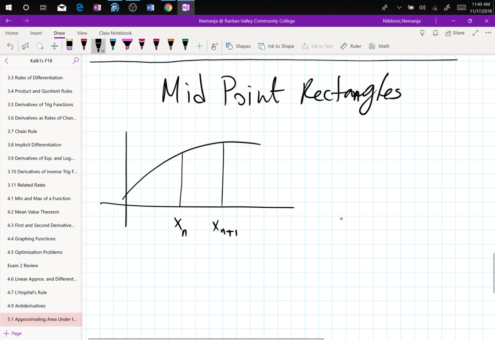Midpoint rectangles would find the midpoint between xn and xn plus 1, and then on the top, draw the rectangle that goes this way. Observe that on one side it overshoots, on the other side it undershoots. They are not exactly canceling each other, but the big portion of it does.